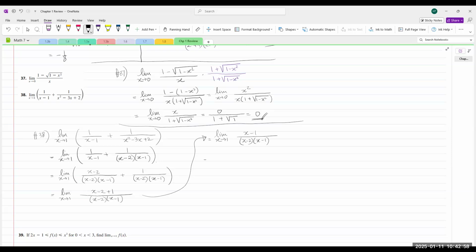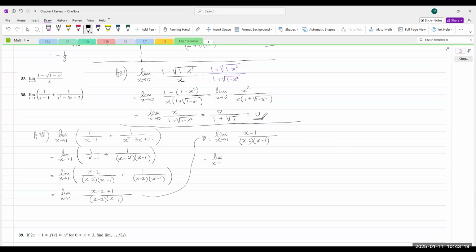Okay. x is approaching 1 means x minus 1 is approaching 0. But while it is approaching, then it's not equal to 0, right? I repeat that so often that you're supposed to know that already.